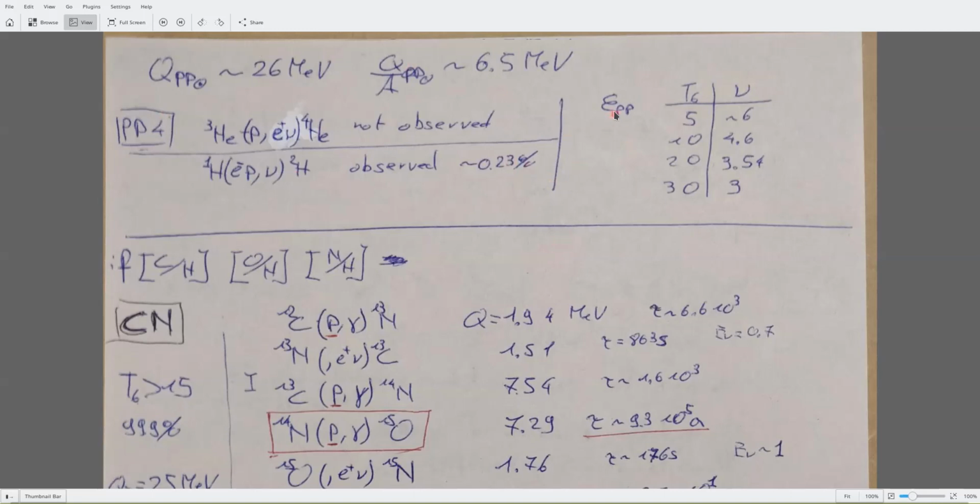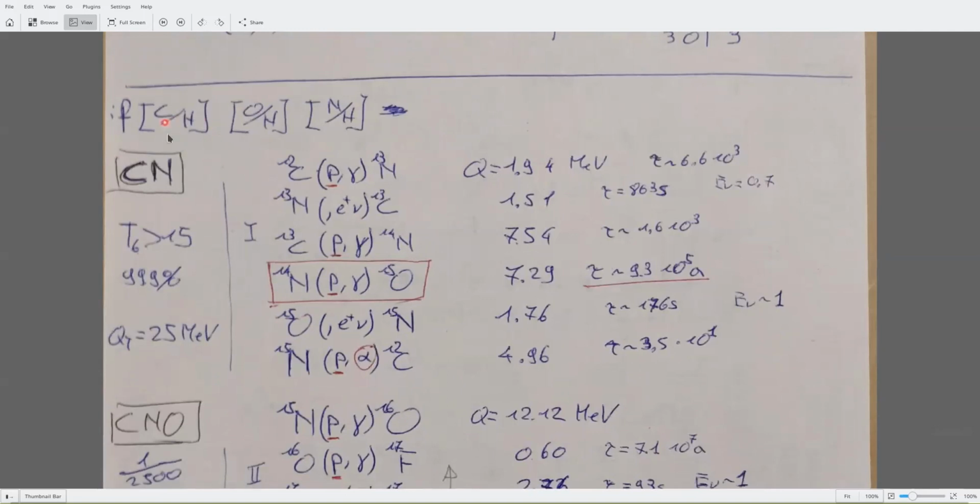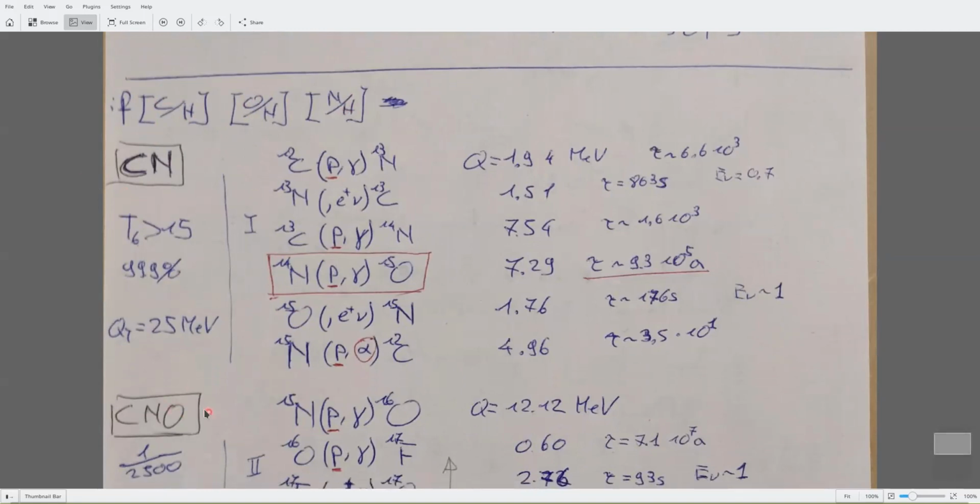This is, as we saw, the typical reaction of the sun, but then we realized that there is another reaction. If you already have some carbon, oxygen, or nitrogen in the stars, not necessarily all of them but at least some, you can have the two famous cycles, CN and CNO.